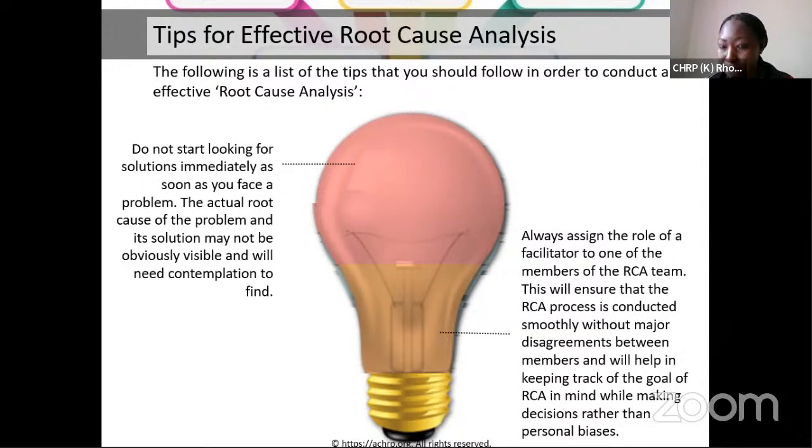Then the other issue I'll mention is the role of the facilitator, who should be assigned as one of the members of the root cause team. You remember, Catherine talked about how you constitute a problem-solving team. The person who is running with this, the facilitator of the root cause analysis, should actually be one of the members of the team, not someone who is out and not connected and has no understanding.